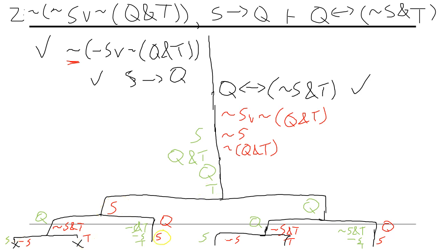In this one, we've got an S and an S. In this next one, S, Q, Q, T, S. That looks open. So that one's open. Here we got a T on both sides, so that one's closed. Then we've got S on both sides, so that one's closed.